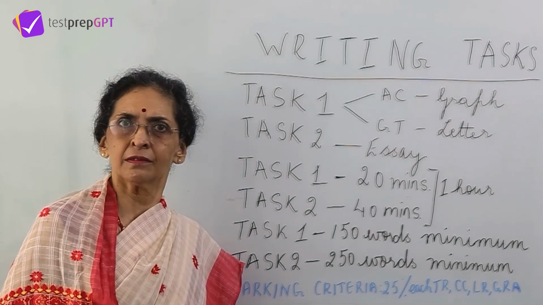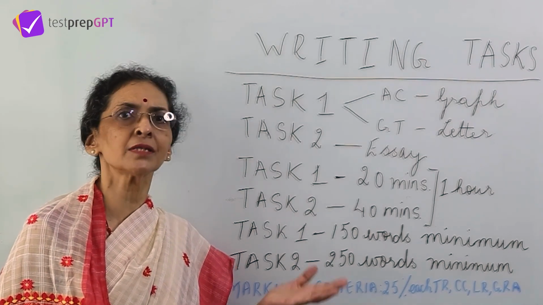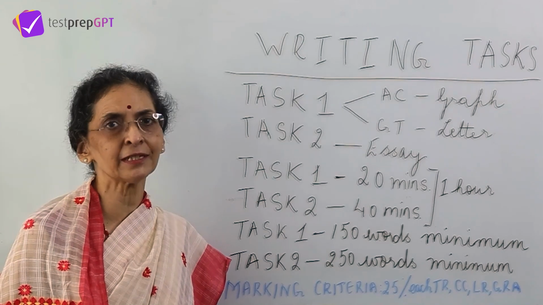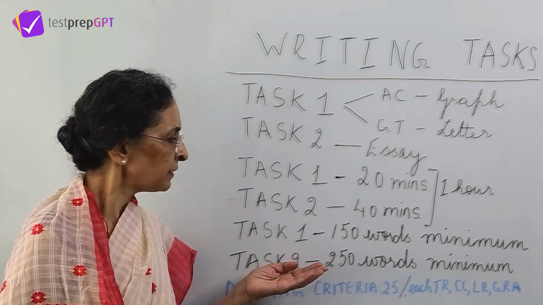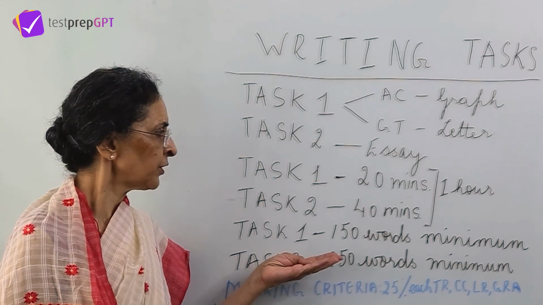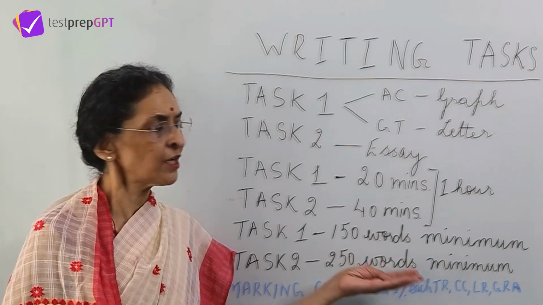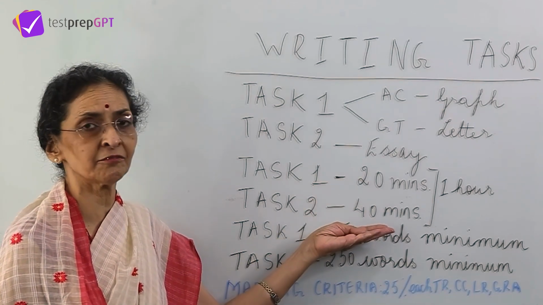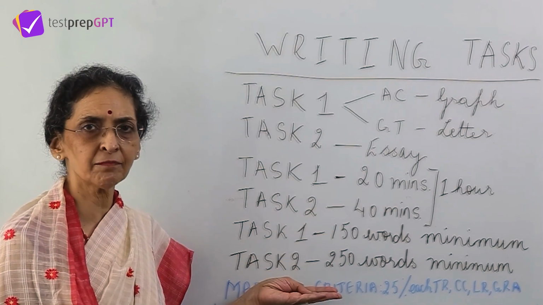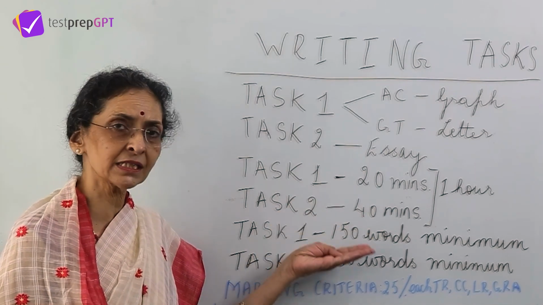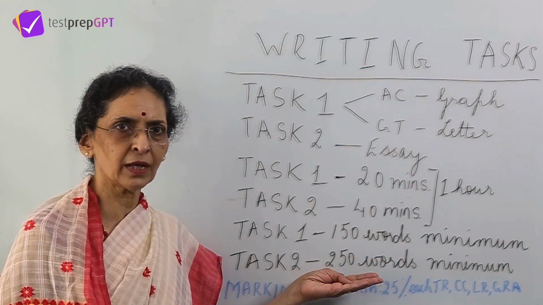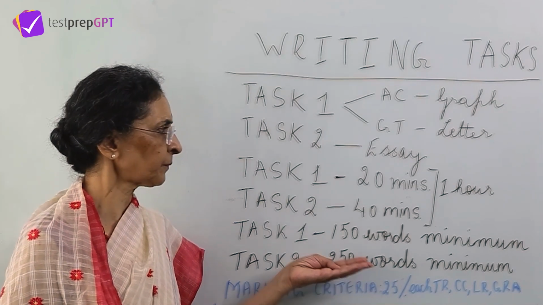If you write, say, just about 100 words, your band score will definitely go down quite a bit. The same now for task 2. You have to write a minimum of 250 words. So you can see that that is why they've given you more time to attempt task 2 and less time to attempt task 1 in comparison.